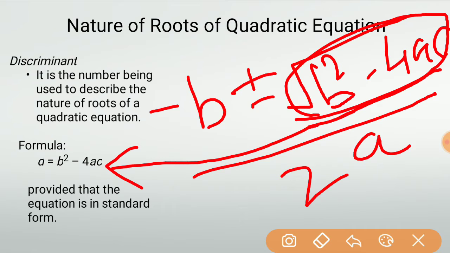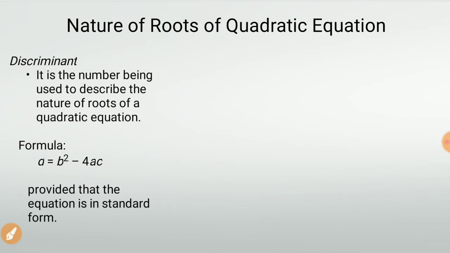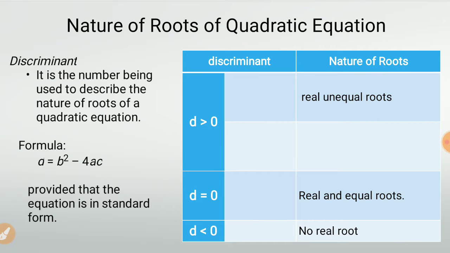We will use this formula to find out discriminant. Once you get the discriminant of any quadratic equation, then you can identify the nature of the roots.